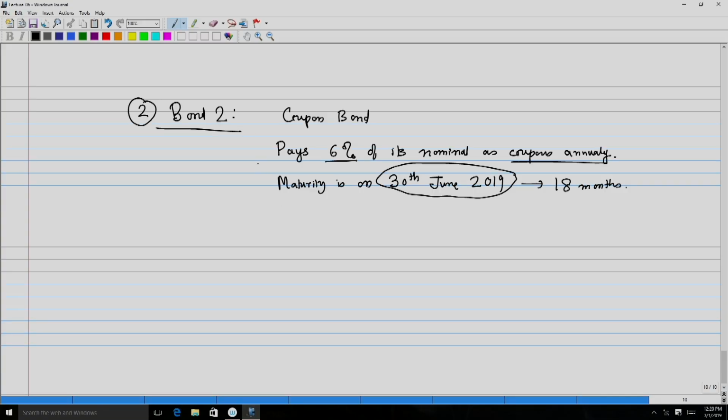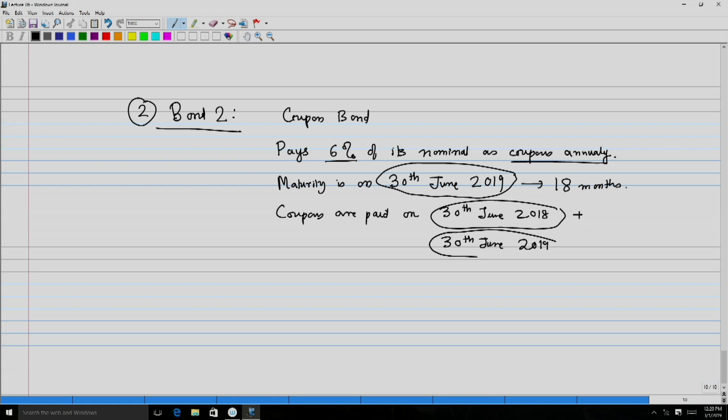So, this means that here the coupons are paid on 30th June 2018 and 30th June 2019, and the price of the bond today is 101.